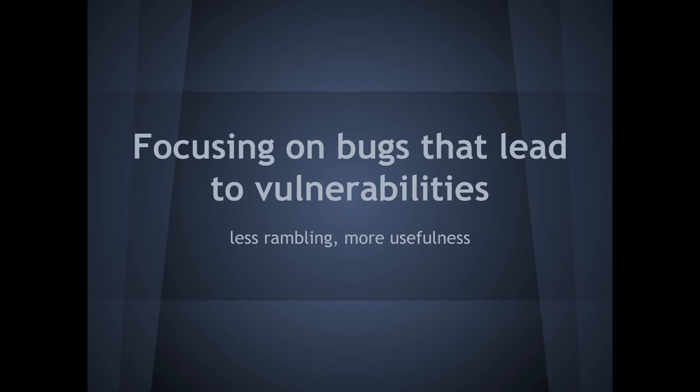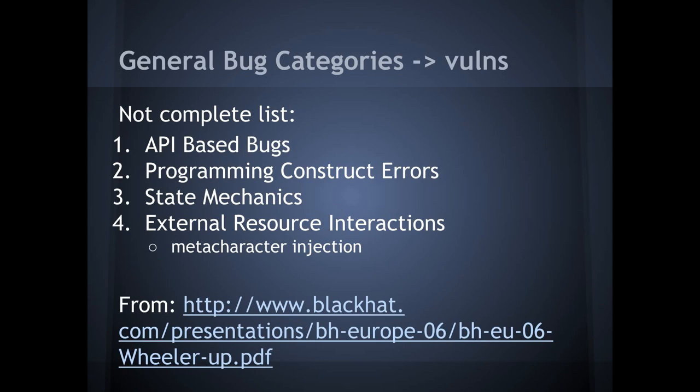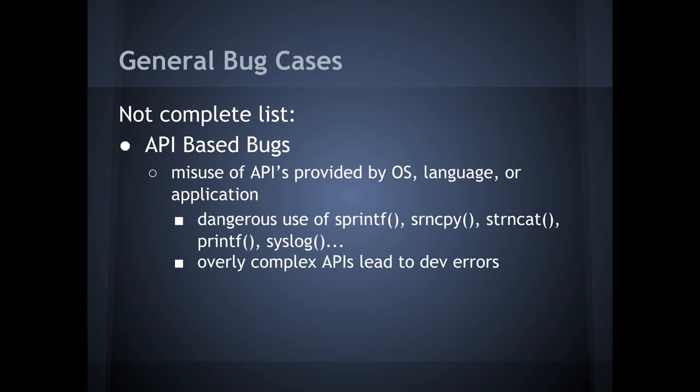You can come up with overall strategies for attacking those, but the list I have here comes from a Black Hat presentation in 2006, and they roughly correspond to those 7 kingdoms that were described earlier. But these 4 are often the heavy hitters for binary application bugs, which are the topic really of this week in today's lecture.